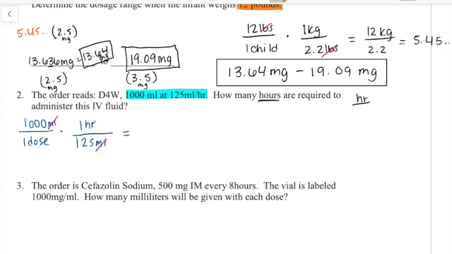So cancel out the mLs. 1,000 times 1 is 1,000. 125 times 1 is 125.